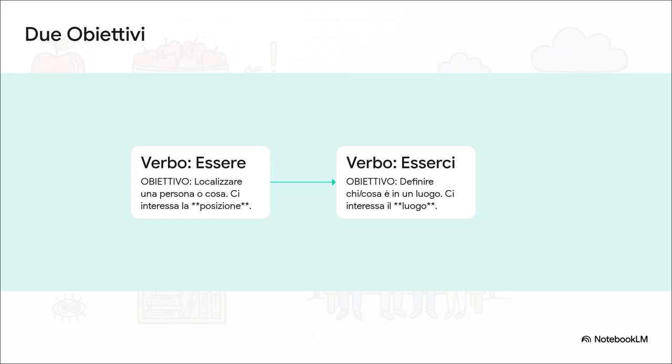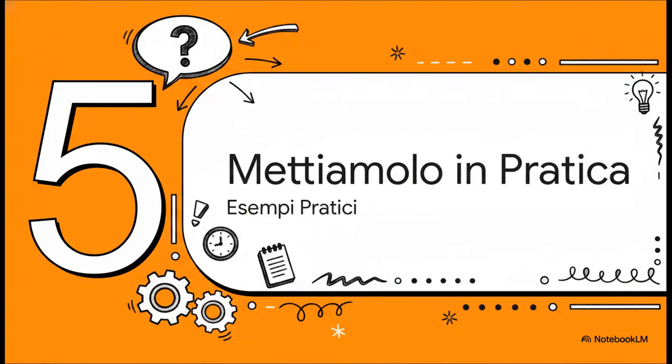Its whole job is to pinpoint a location on a map. It answers the question, where is it? Esserci, on the other hand, is more like an inventory list. You already know the location, the warehouse, the room, the box, and esserci tells you what or who is inside it.